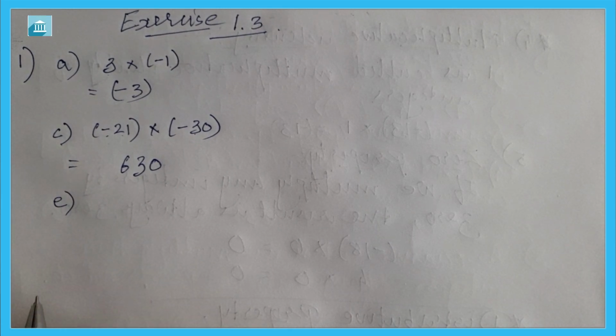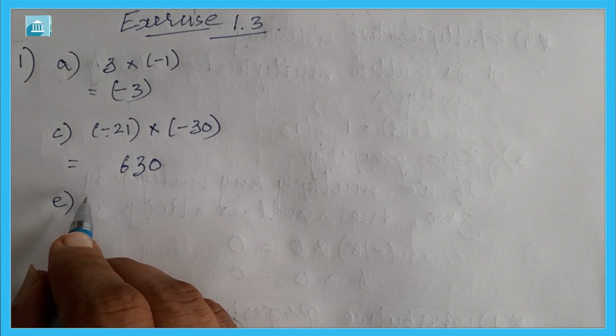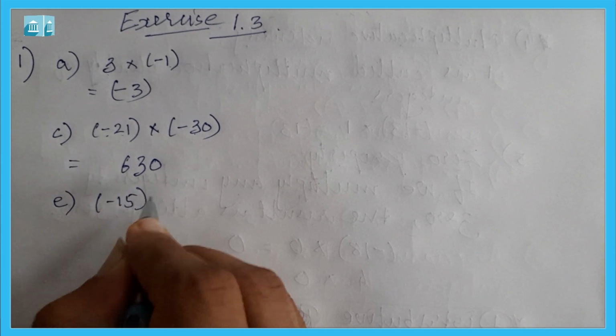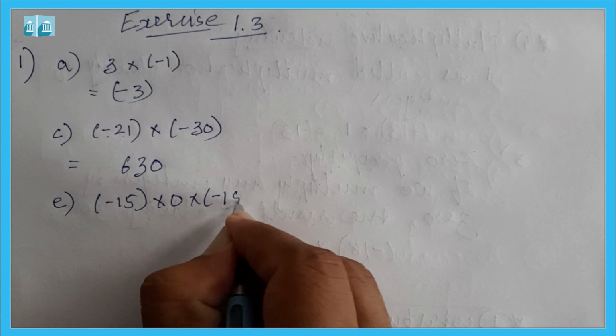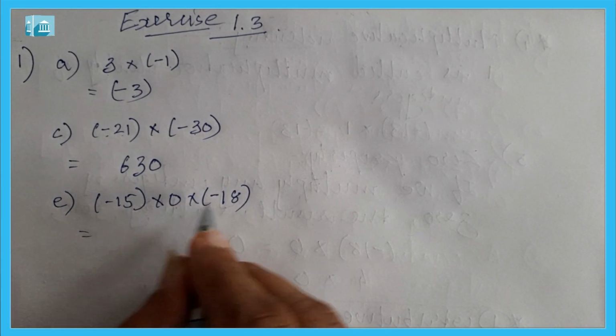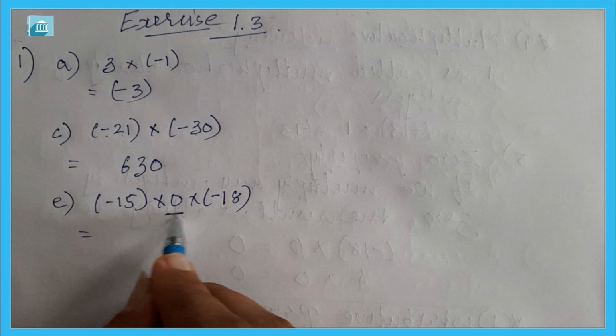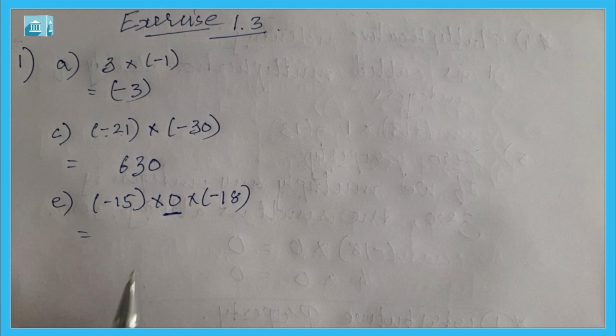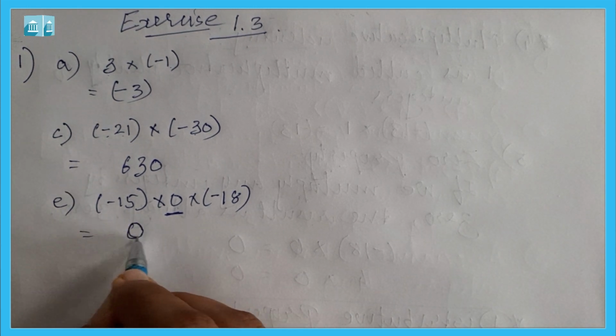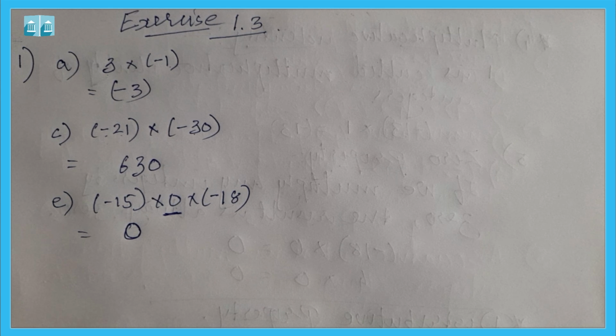Let us see E. Minus 15 into 0 into minus 18. Here 0 is there, and we learned in zero property that any integer multiplied by 0, the result is always 0. So we can directly write the answer as 0.